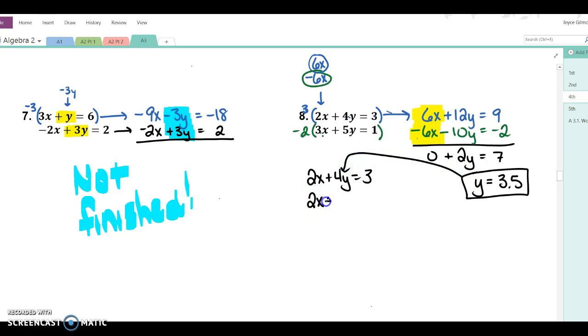So 2x plus 4 times 3.5 equals 3. 4 times 3.5 is 12, 13, 14. So 2x equals negative 11.